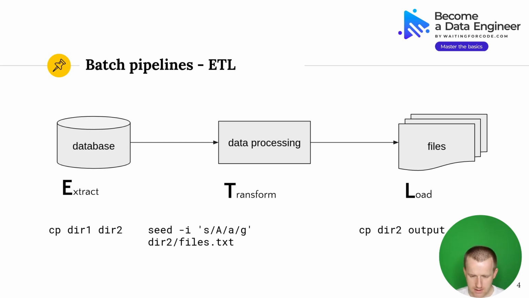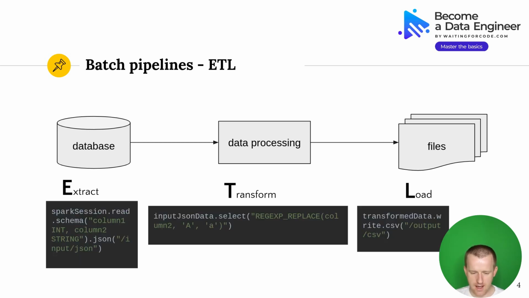And in a more data-oriented language, we can consider Apache Spark. For example, we have JSON data that is read with 2 columns, transformed with a simple regex replace, and written as CSV files in a different place.